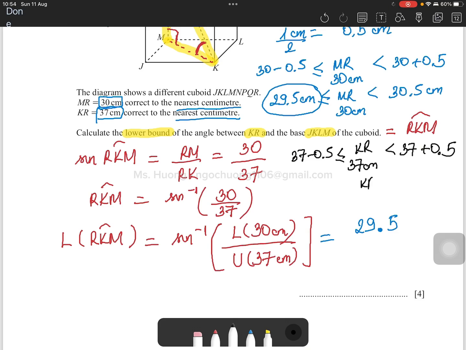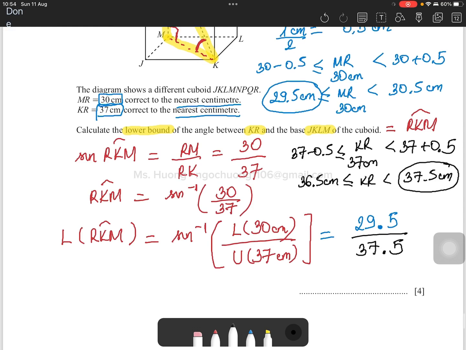So KR is less than 37.5 centimeters and greater than or equal to 36.5 centimeters. And if we want to find the upper bound of KR, then we use 37.5 centimeters. So we divide this by 37.5. And I also need to write the inverse of sin of this again. So the answer is 51.9 degrees. This is the end of the test.